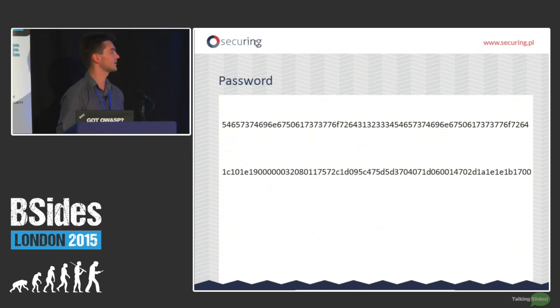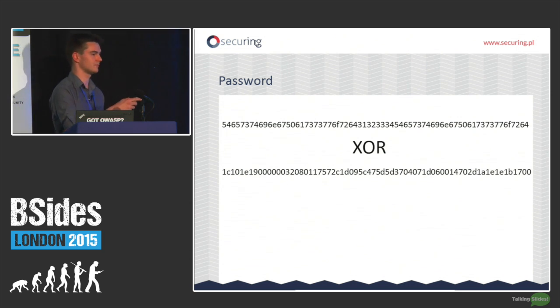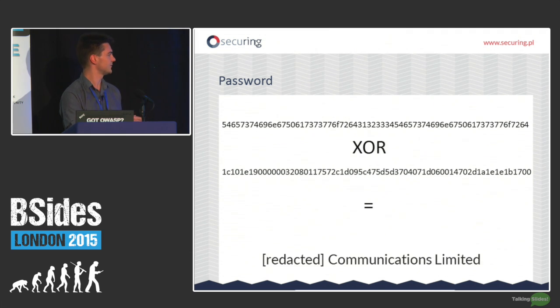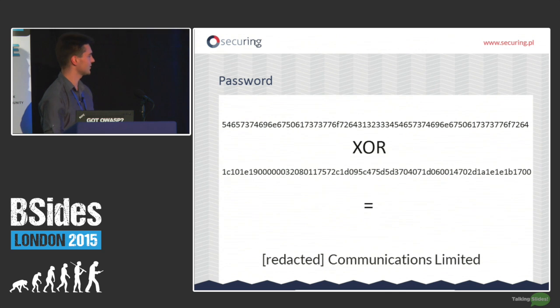Well, I've heard somewhere of XOR, right? You know how XOR works: you XOR the password, the plain text, with the key, and you receive the ciphered text. But if you XOR the ciphered text with the plain text, you receive the key, which was actually, this is redacted, the name of the company, Communications Limited.